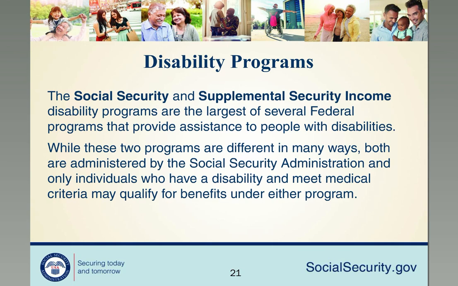And we have a second program called Supplemental Security Income Disability, or you might hear this referred to as SSDI, or Supplemental Security Income Disability. Both of these programs are administered by Social Security, but the benefits they'll pay and how you qualify for these programs are very different.